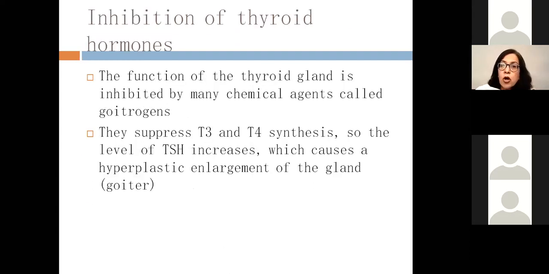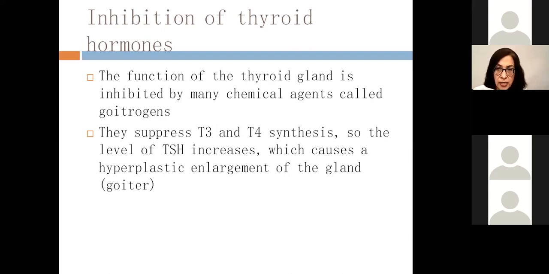The functions of the thyroid gland are inhibited by many chemical agents, and they are called goitrogens, and they suppress T3 and T4 synthesis. So the level of TSH increases, and when TSH increases, it causes hyperplastic enlargement of the thyroid gland, and this is called a goiter. So there are many chemical agents.